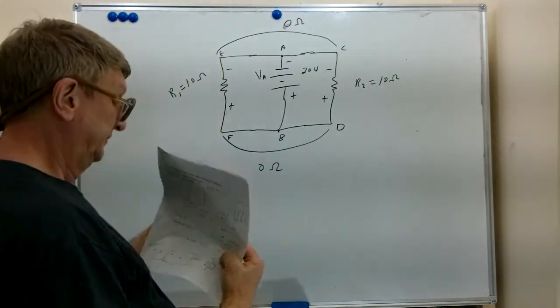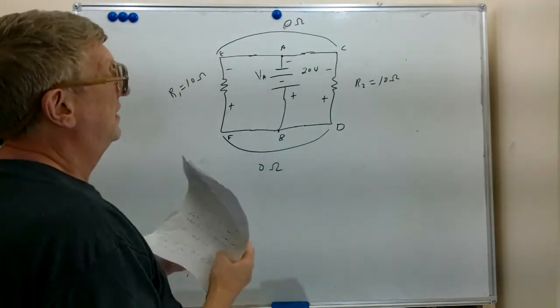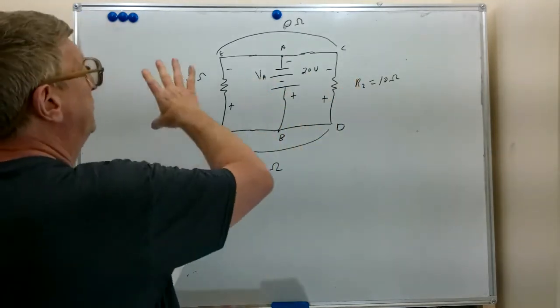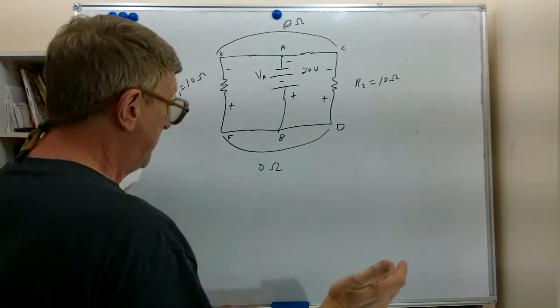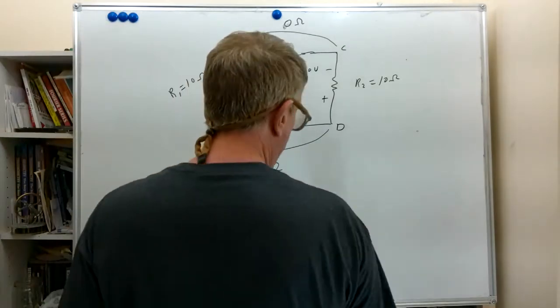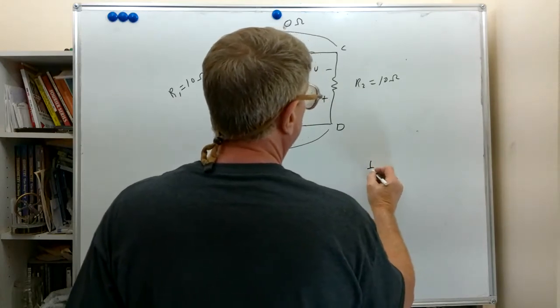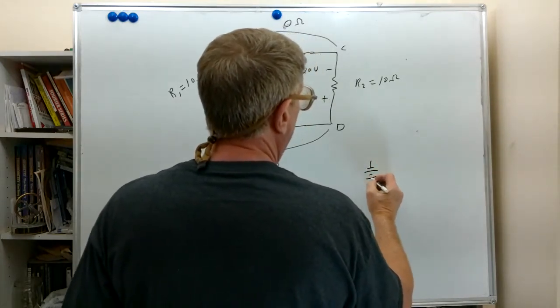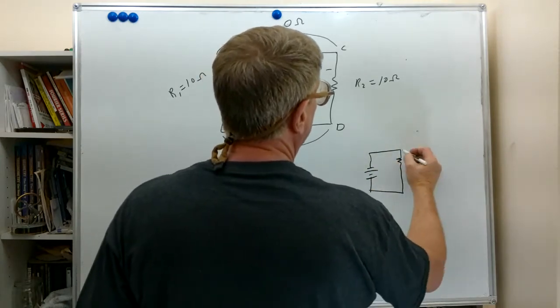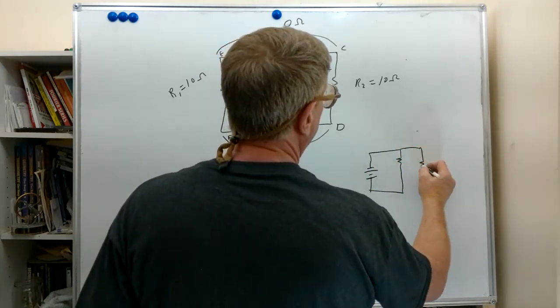So essentially, R2 is directly connected to the battery, R1 is directly connected to the battery, and we call this a parallel connection. There are other ways to draw a parallel connection. I'm going to draw a little bit quick diagram here. We can have a multitude of components.